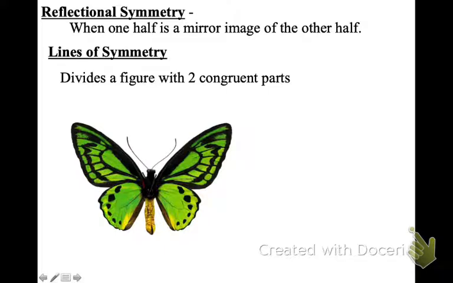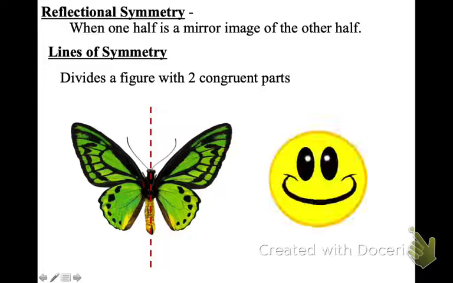If I put the mirror here, is the top half looking exactly like the bottom half? No. So it would have to be right here in the center. And if we take our happy face, my line of symmetry would go again right through that center. This is called a line of symmetry.